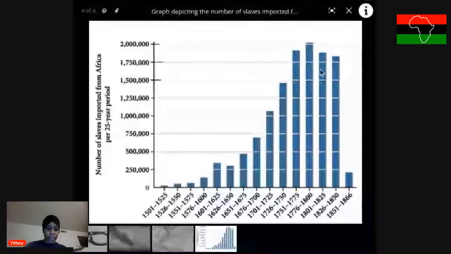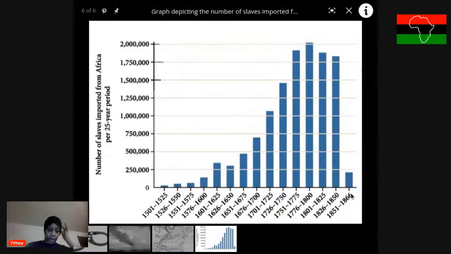Then, of course, the number declines in 1801 to 1825, then declines in 1826 to 1850, then goes back low to 1851 to 1866. Now, during this time period, slavery was abolished. It was outlawed. But because it was outlawed, they were still importing slaves into this country illegally.